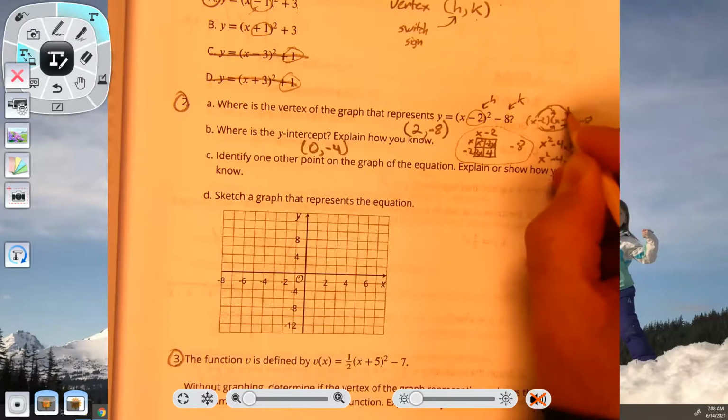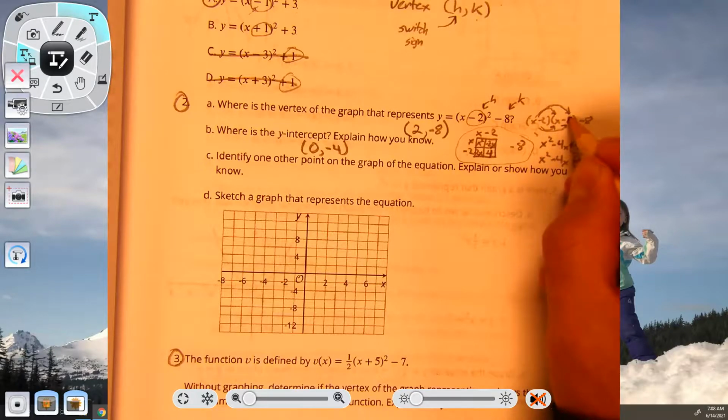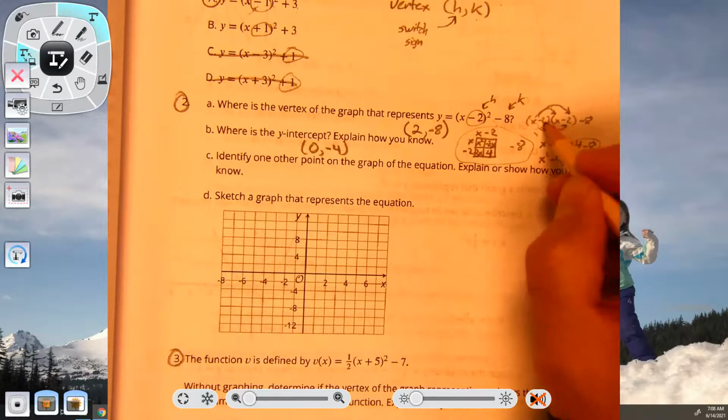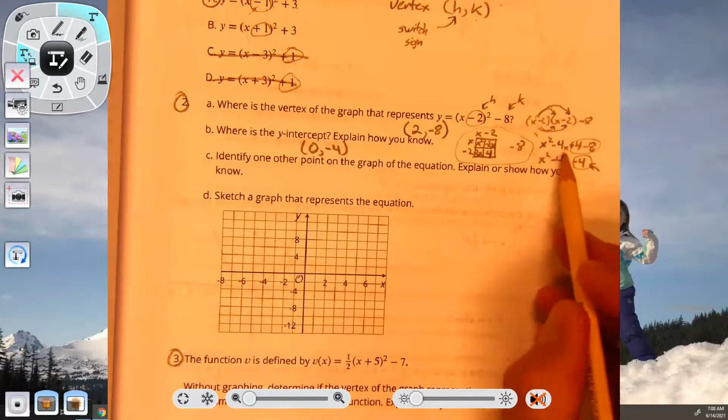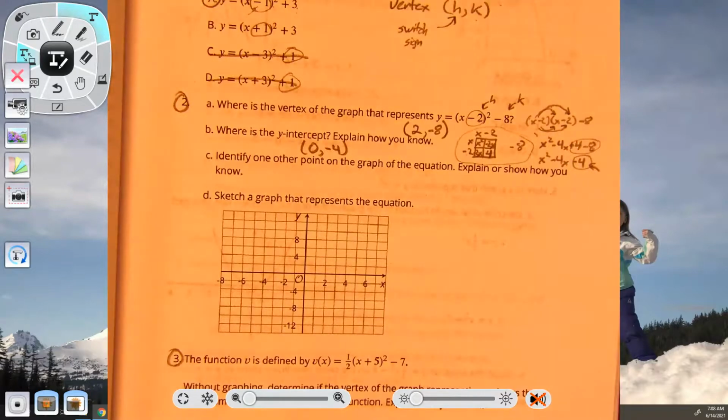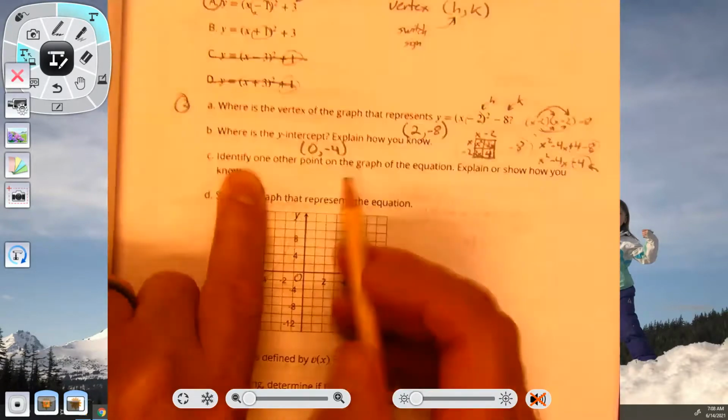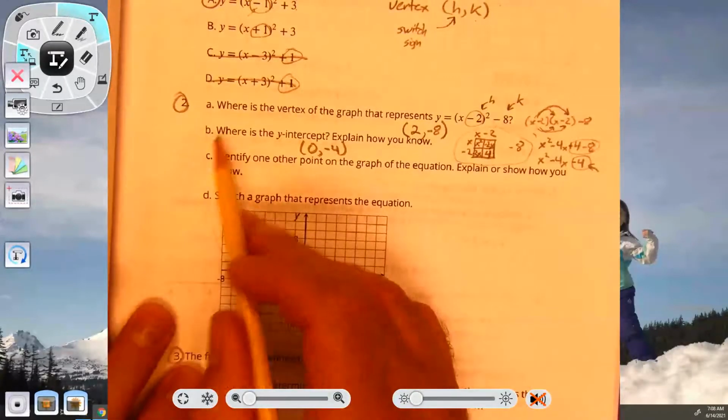You get x times x is x squared, x times negative 2 is negative 2x, negative 2 times x is negative 2x, negative 2 times negative 2 is positive 4. And all that turns into all this. So that's the answer to B.